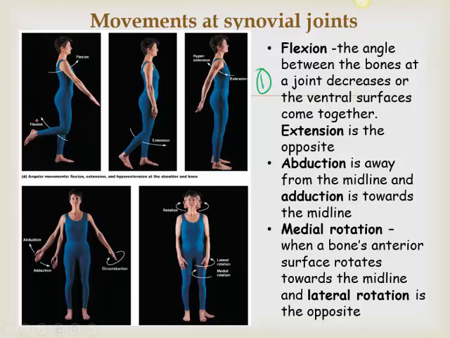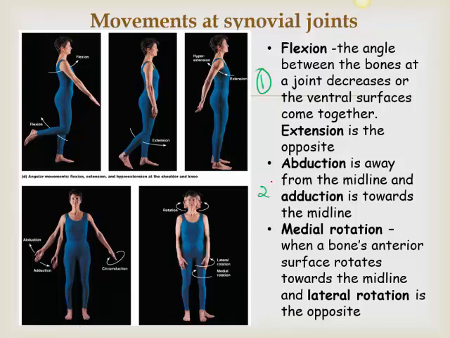That's because the ventral surfaces are different. In your upper limb, the front of your arm and the front of your forearm are the ventral surfaces. But in your lower limb, the back of your calf and the lower part of the back of the thigh are the ventral surfaces. So this is flexion and then this is flexion. Extension is the opposite movement where the bones go away from each other or the angle increases.